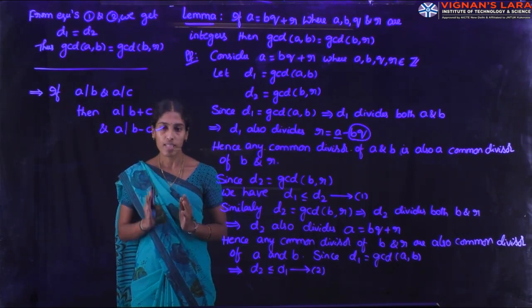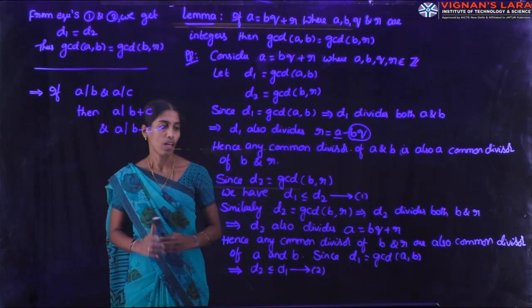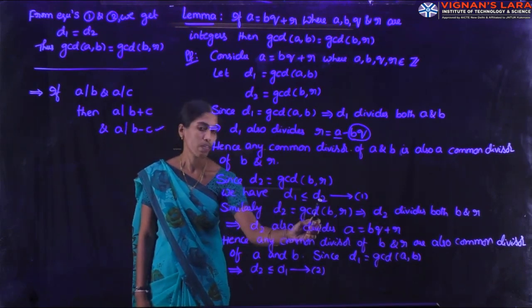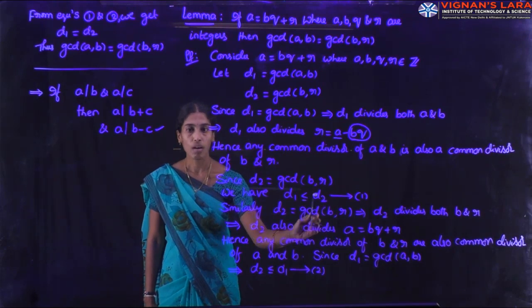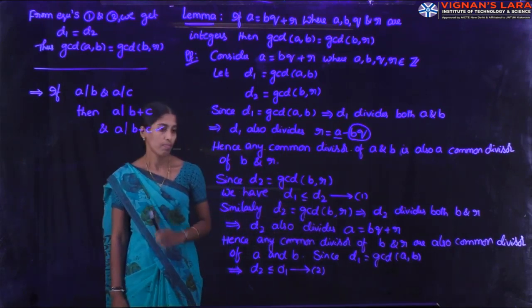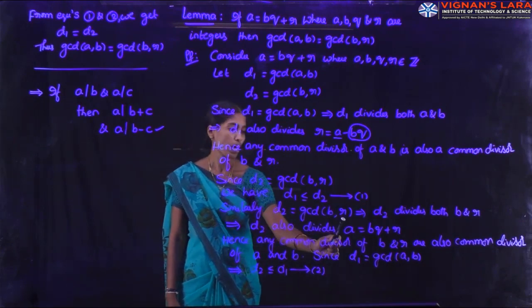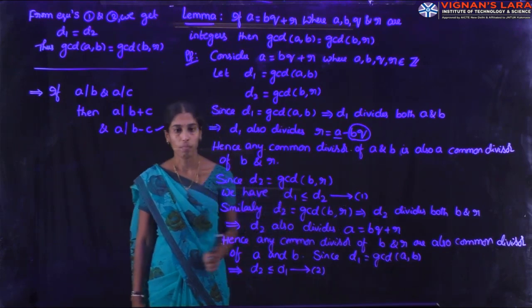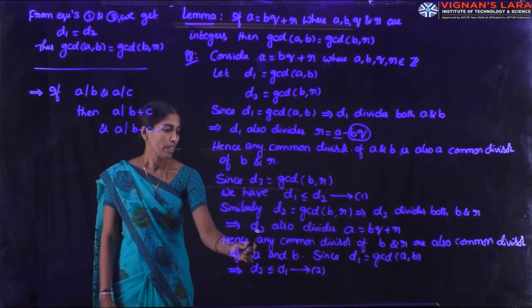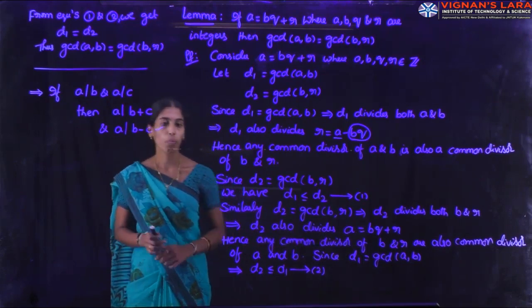D1 is a common divisor, D2 is the greatest common divisor. So we get D1 less than or equal to D2, because D2 is the greatest among all common divisors. Similarly, D2 is GCD of B comma R, which implies D2 divides both B and R, right? So D2 also divides A, which is equal to BQ plus R. Why?